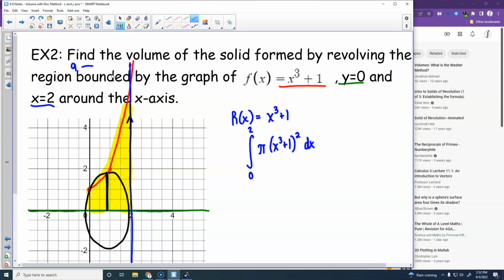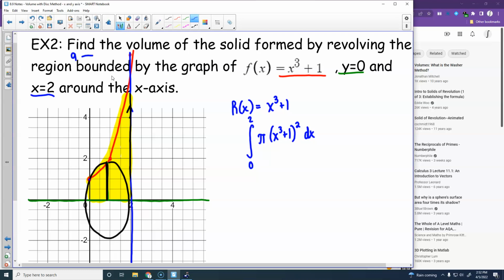Oh, should we assume it's first quadrant? I was reading that it was first quadrant, but it does not say first quadrant anywhere, does it? Ugh. Y equals 0 tells us we're going to use that as our bottom line. But we really do need to add this piece right here. If I plugged in -1, I would get 0.